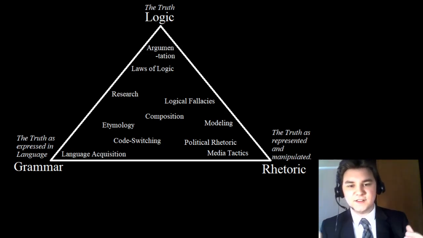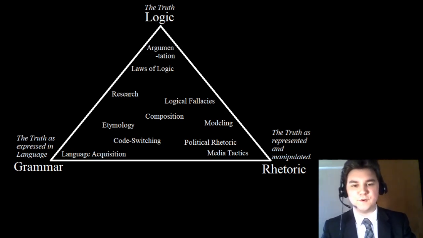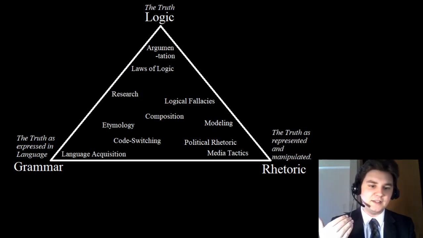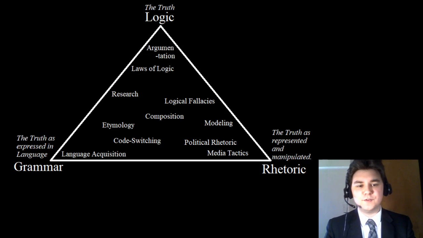So, in the study of language, code switching refers to essentially changing the way one speaks in order to accommodate a certain audience or a certain setting. And so this is sort of a link between grammar and rhetoric. Now, a lot of people think of code switching as being deceitful.